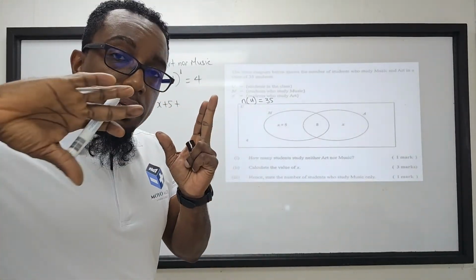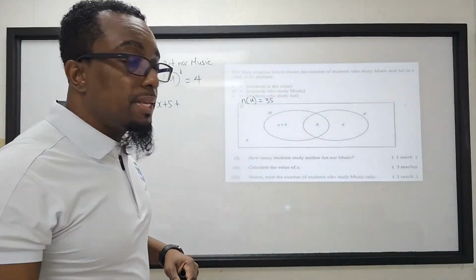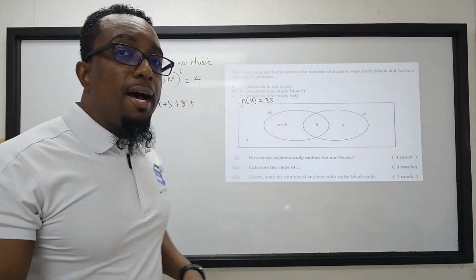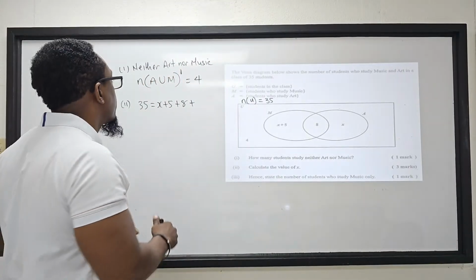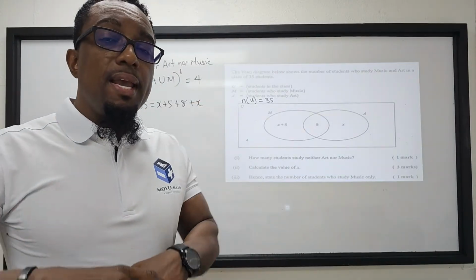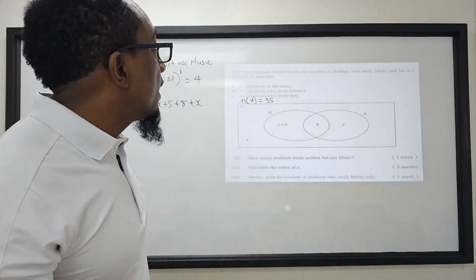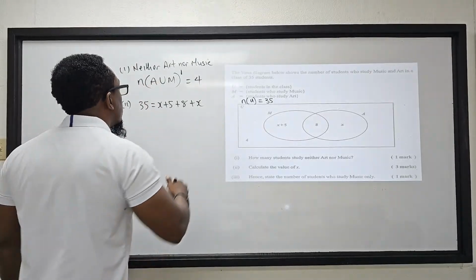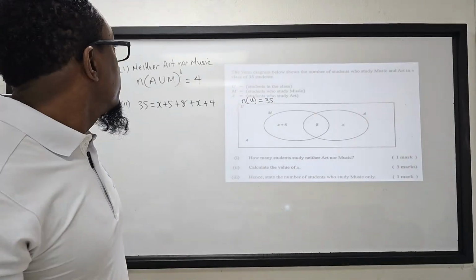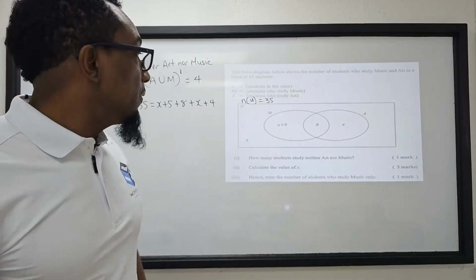You have students who study both music and art, which is 8. You have students who study art only, which is X. You have students who do not study any of those subjects, which is 4. So you have your class of 35. You have created an equation.